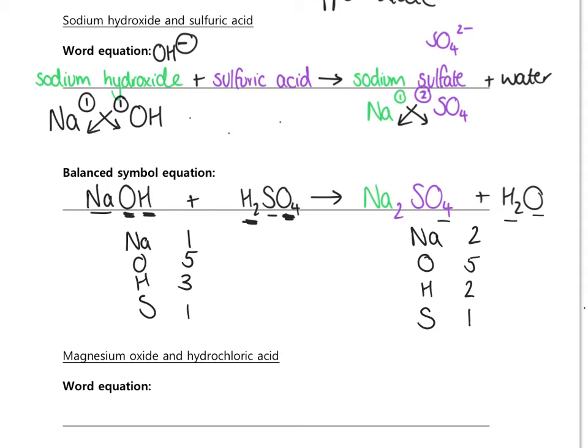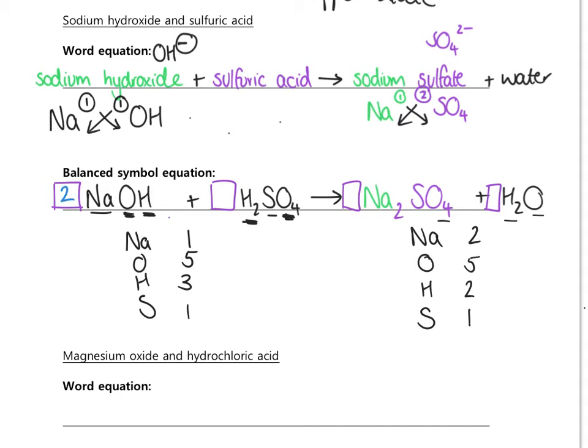Probably the easiest thing to do is fix your sodium first of all. And again, if you need to draw your boxes in front of this formula, you can, to remind you that when we're balancing, we can only put numbers in these boxes. So I need 2 sodiums on the left, and so I put a 2 in the first box.